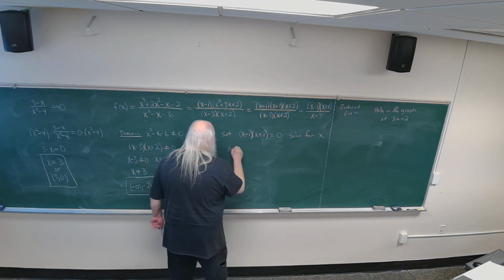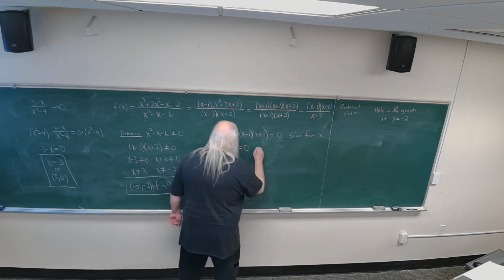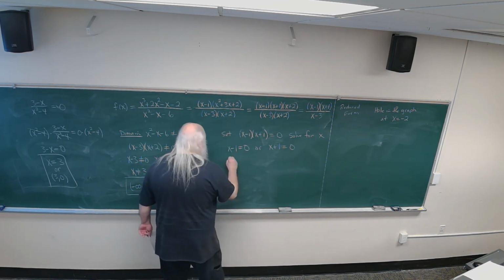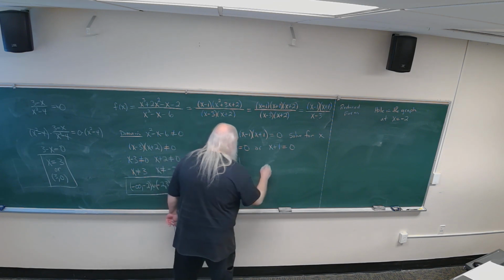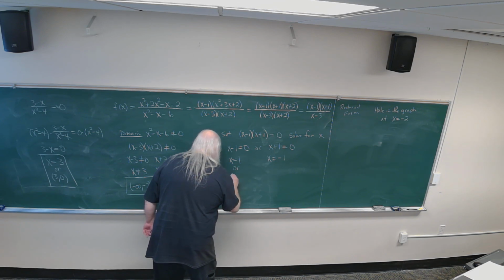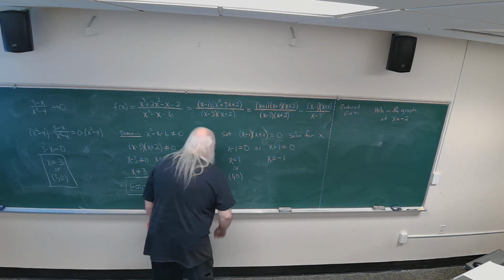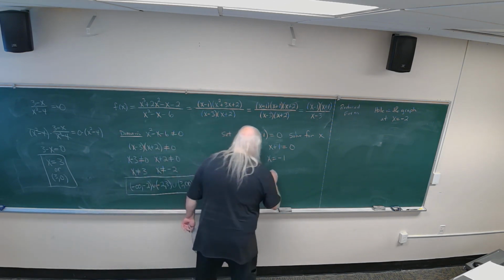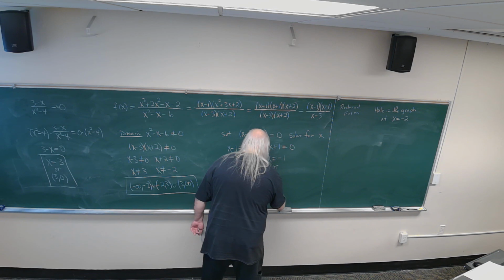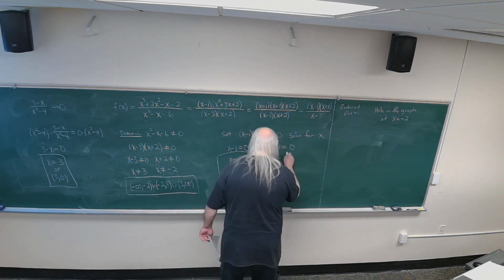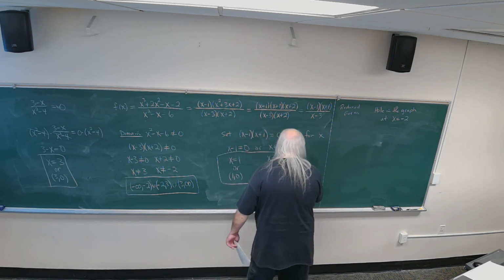So either the first factor is equal to 0, or the second factor is equal to 0. And we solve for x, and get x is equal to 1, and x is equal to minus 1. And so the x-intercepts are x equals 1, or the point (1, 0), or x equals minus 1, or the point (-1, 0). These are the x-intercepts.